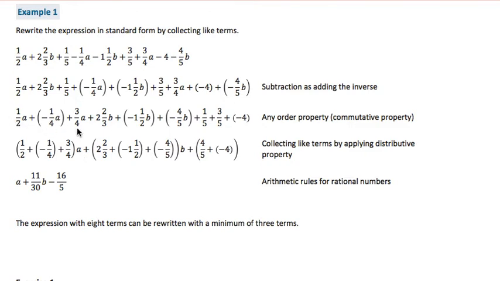Each of these a terms is being multiplied by a. So we can take the fraction parts and add them all together, and then it will be multiplied times a. 1/2 plus negative 1/4 plus 3/4 is actually 1. And 1 times a is a.